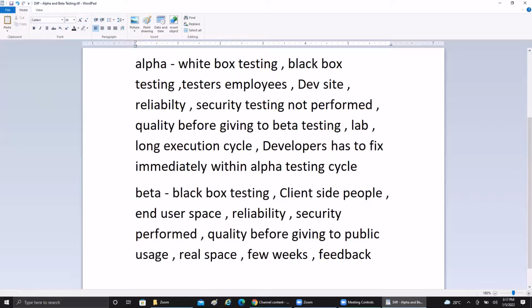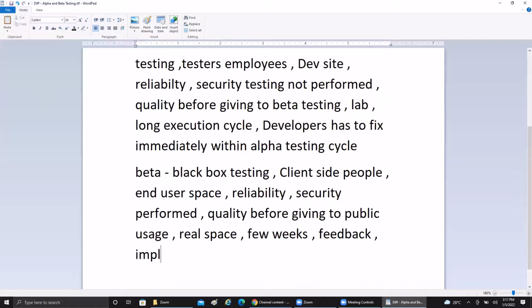Okay. And it will be implemented in future, based upon the different version releases of the product or that application.